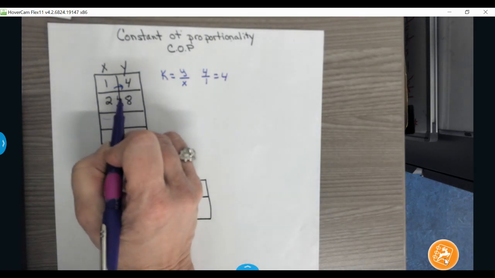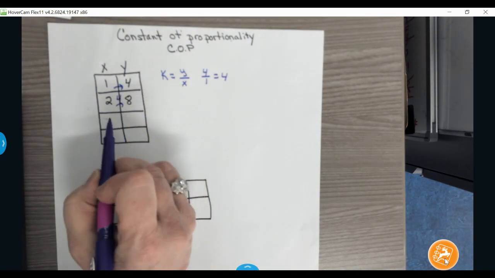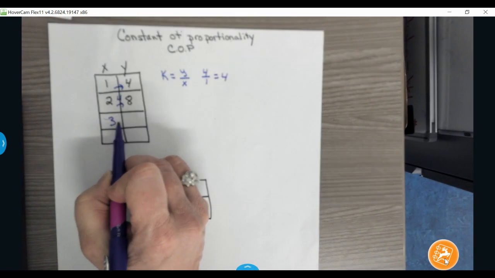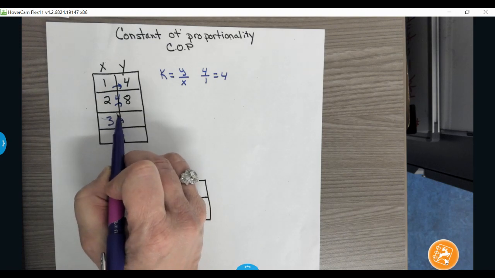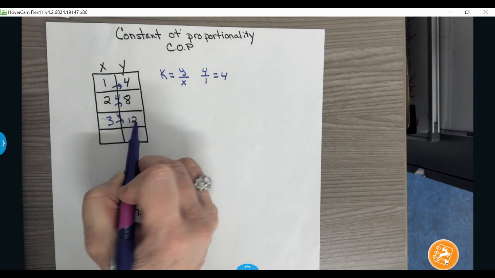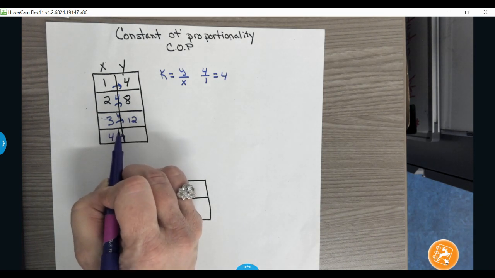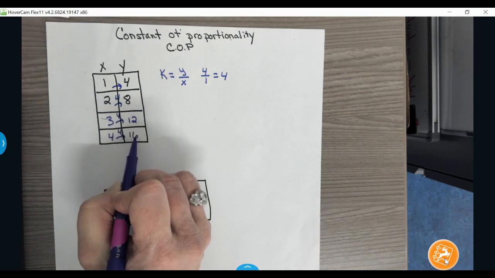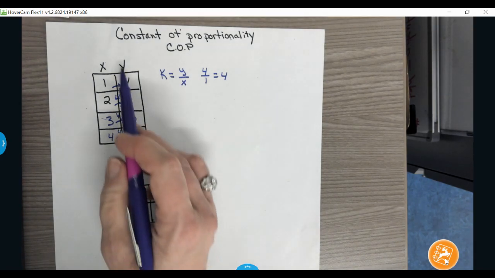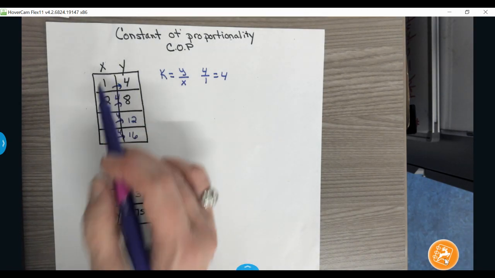So our constant would be 4 the entire way through this table. So if we put a 3 here, it would be 3 times 4 to get us 12. And I'm just going to put 4 here. It'd be 4 times 4 to get us 16, right? Because this table is proportional.